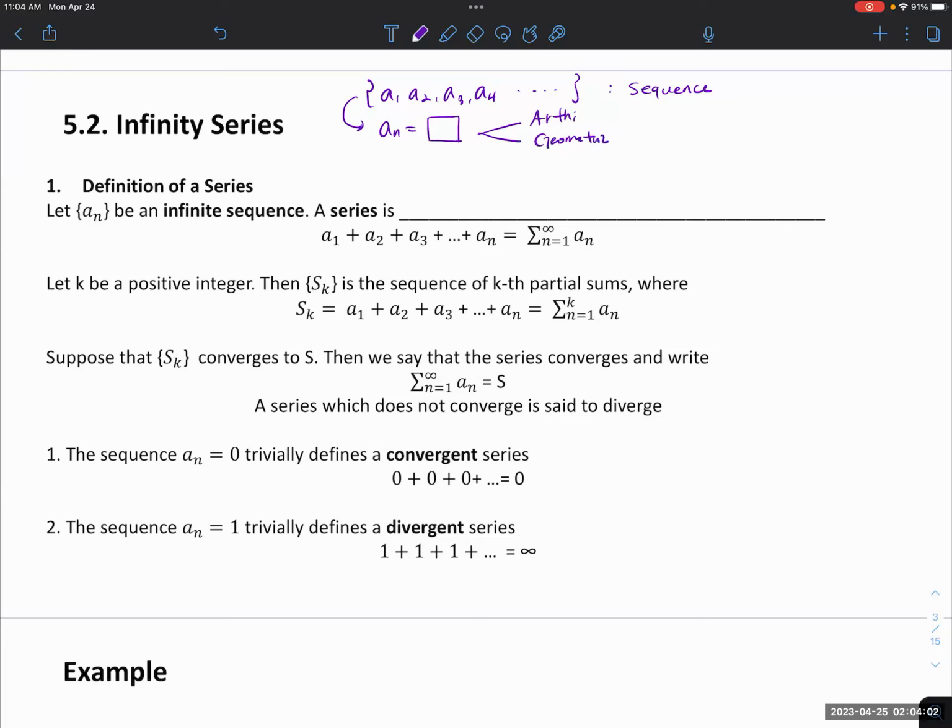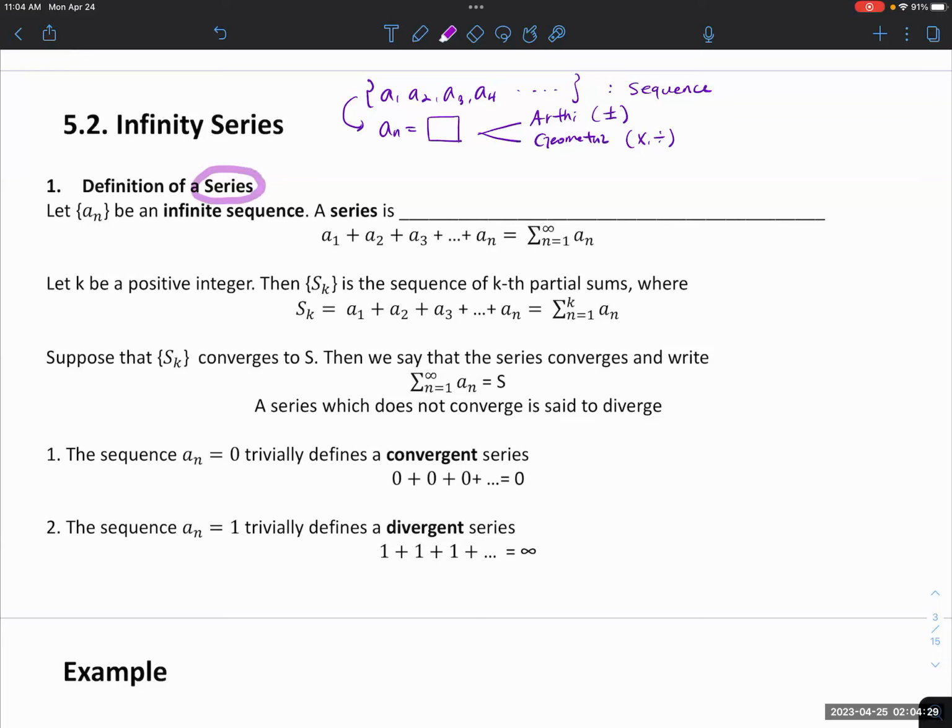There are two different types of sequences. If you keep adding or subtracting a common number to find the next number, that's an arithmetic sequence. And if you keep multiplying by the same number or dividing by the same number, that's a geometric sequence. Now we're going to talk about the series.